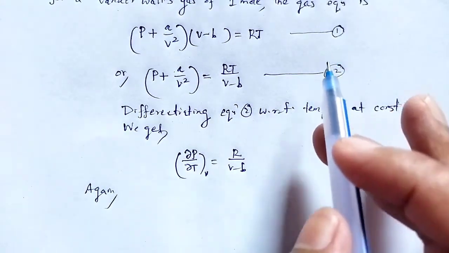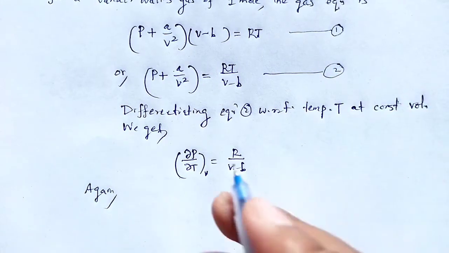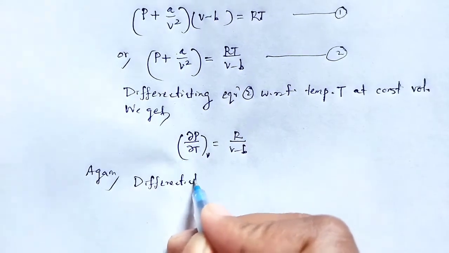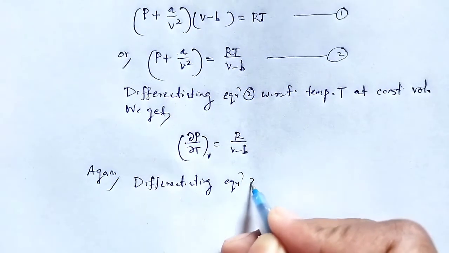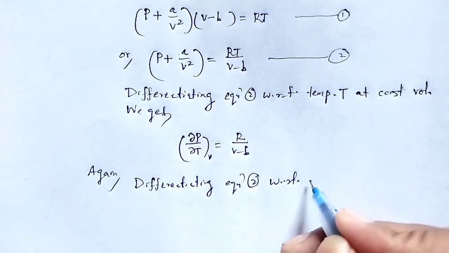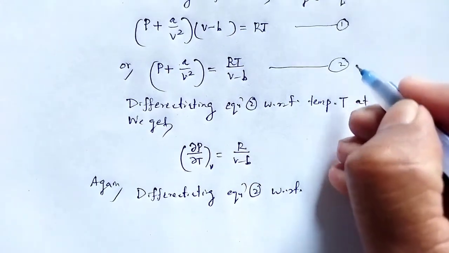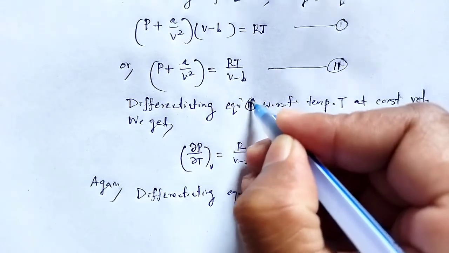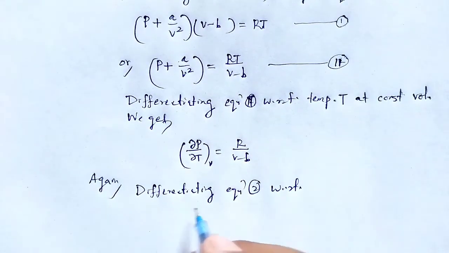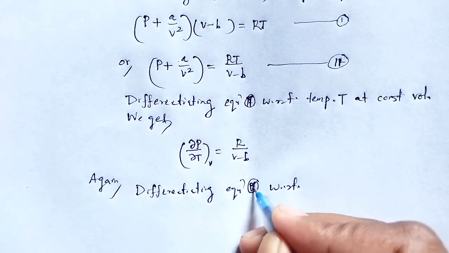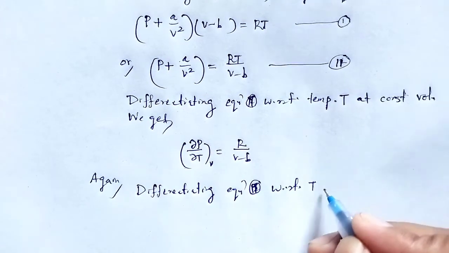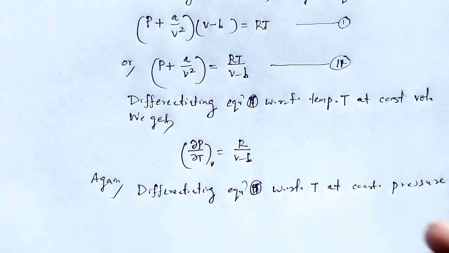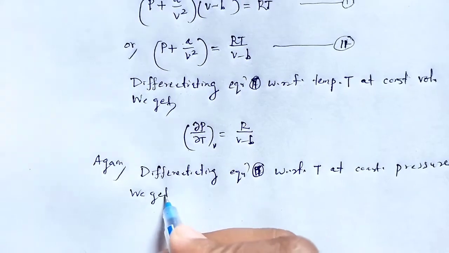differentiating that equation number 2 with respect to temperature but at constant pressure. Here equation number 2, as before we take equation number 1. So, differentiating equation number 2 with respect to T at constant pressure, what we get?